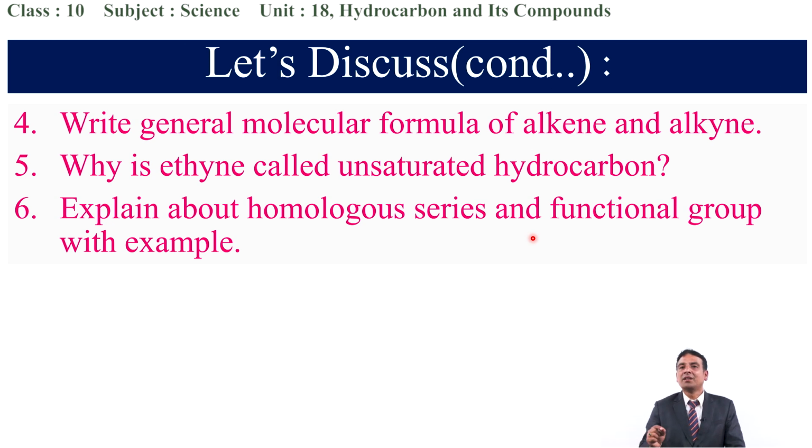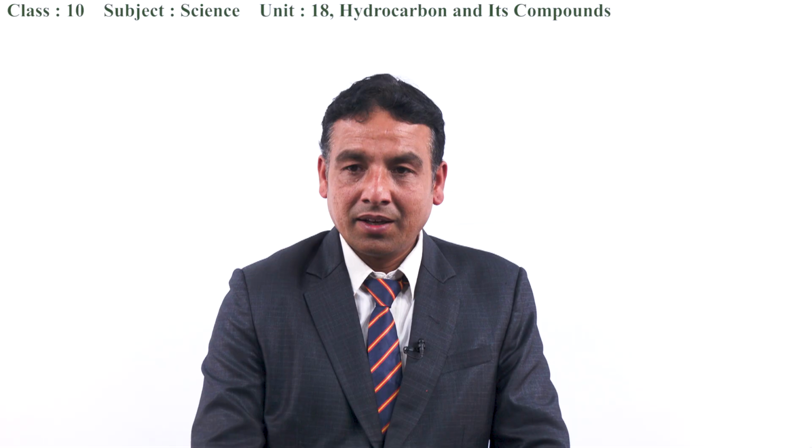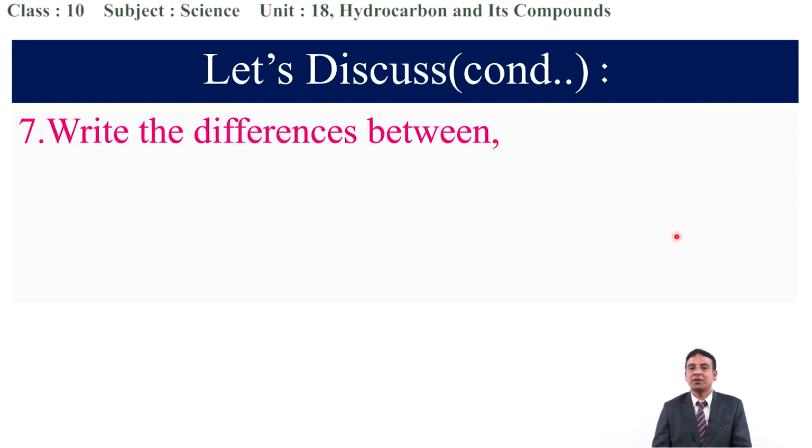They differ by a CH2 group, as well as by 14 AMU, and you can give some examples of alkane or alcohol or any other hydrocarbons. As well as for the functional group, you have to define it and you can write the example as we have discussed in our class.